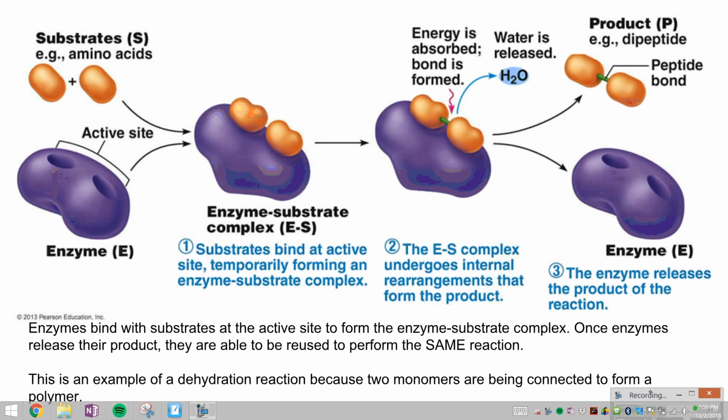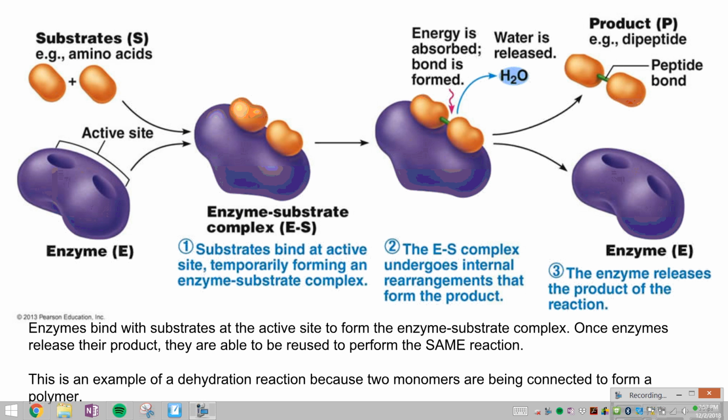And when that occurs, a product will be released, and the product can then go off and do whatever it's going to do, leaving the enzyme empty. This enzyme, and this is a really important piece, can now be reused and go right back to the beginning here, where it can touch some more substrates, interact with them, and form more products. Enzymes are reusable. Please write that down, okay?